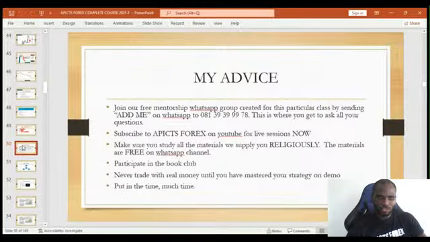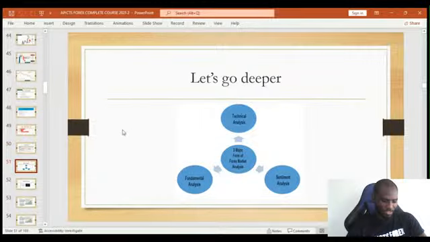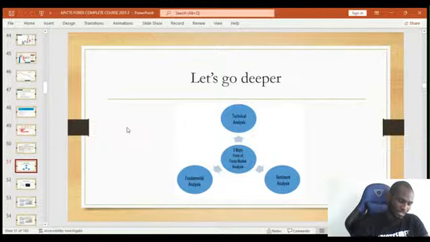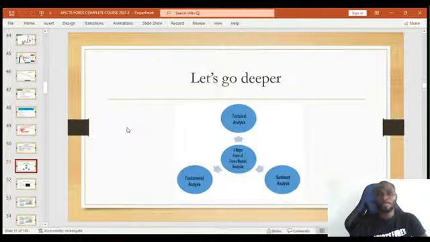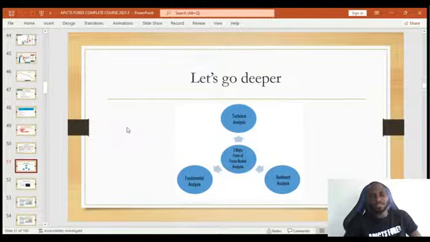Technical analysis, in its simplest form, is studying the past to predict the future. Studying the past to speculate on what the future will do.